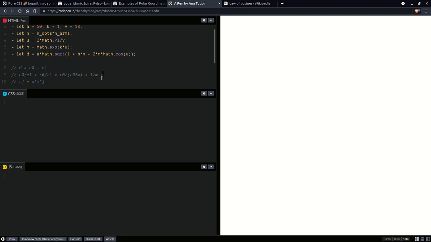So basically we can say that C1 is C0 times M, which means that here we have C0 plus C0 times M. And this can give us the radius of the very first dot. And we are going to call it just C, not C0, because we don't compute it for the others as well. So this is going to be D over 1 plus M, okay? And we can get it out of there.